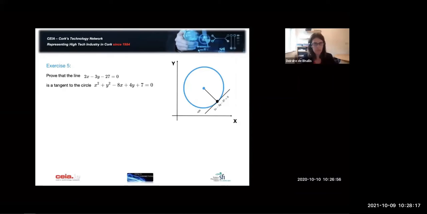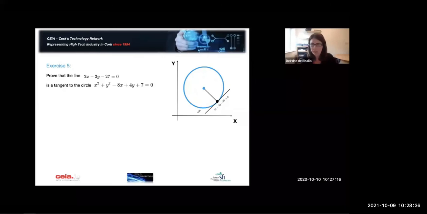We have a line which is 2x minus 3y minus 27 equals 0, and we want to prove that it's tangent to the circle x squared plus y squared minus 8x plus 4y plus 7 equals 0.